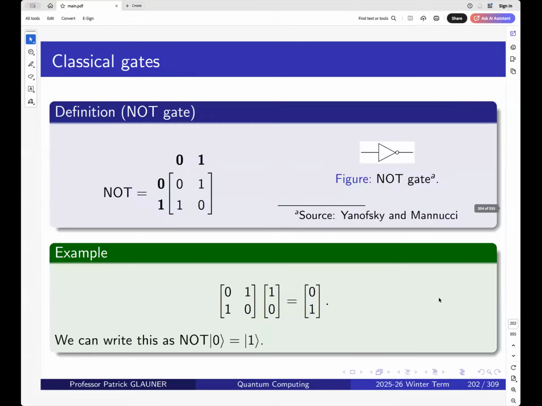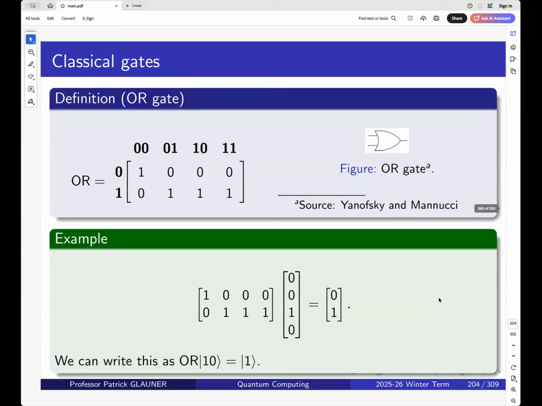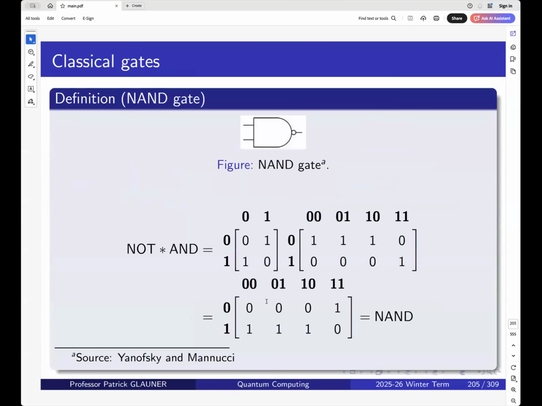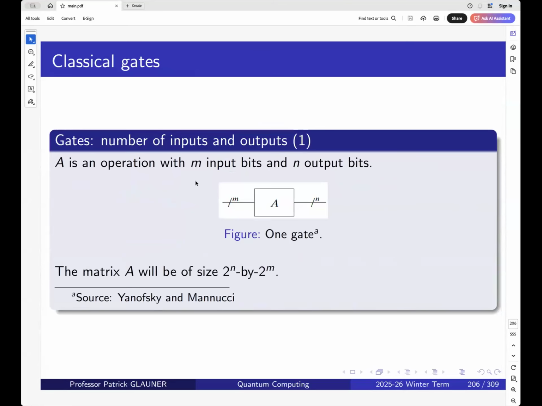So we saw the NOT gate, we saw the AND gate and the OR gate, and we just built this NAND gate. And the order of these operations is very important, that we first do an AND, and after the AND, the NOT. And we can try to generalize some of what we did so far.